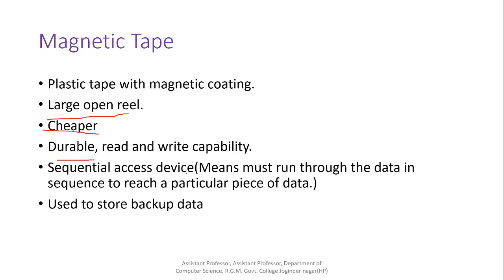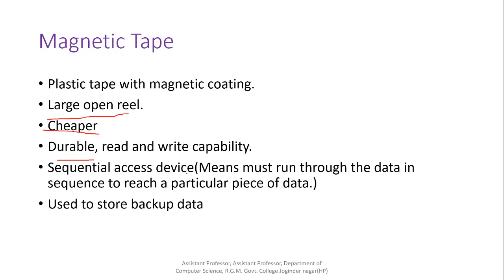What are sequential access devices? Sequential access means that the computer must run through the data in sequence, starting from the beginning, in order to locate a particular piece of data.